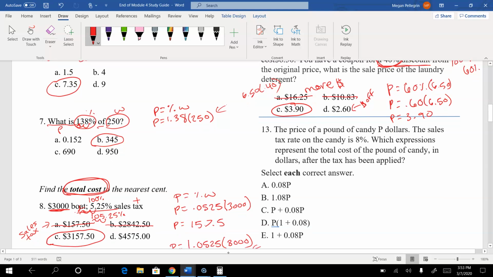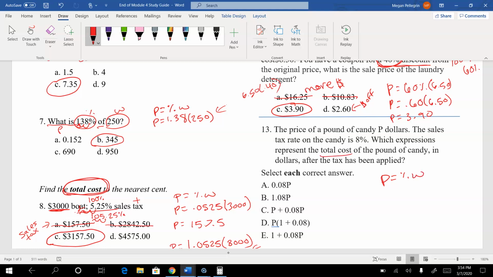Number 13, the price of a pound of candy, P dollars. The sales tax rate on the candy is 8%. Which expression represents the total cost of the pound of candy in dollars after the tax has been applied? So P equals the percent times the whole.